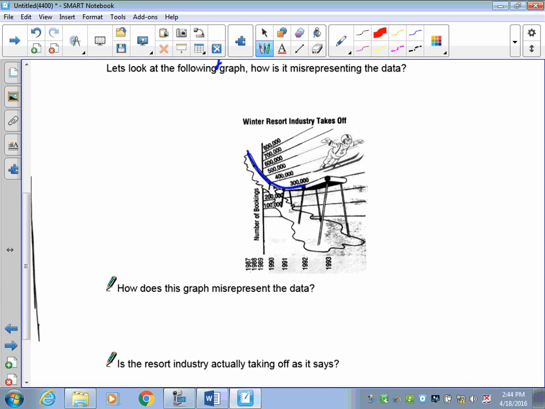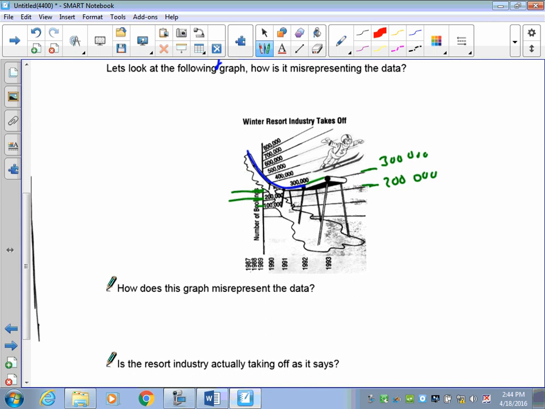Takes off, that's this portion right here. And if you were to graph it, you can see the differences between the numbers here. Here's 100,000, 200,000, 300,000. Down here, they're very close together. Out here, they're spread further apart to exaggerate it.